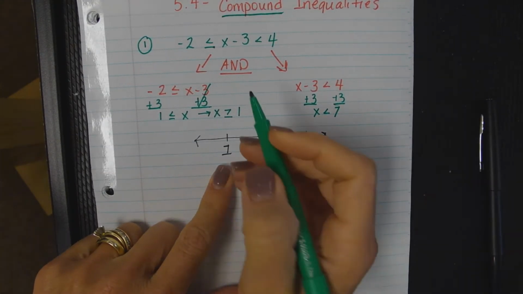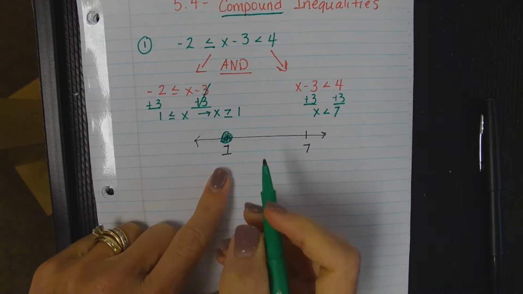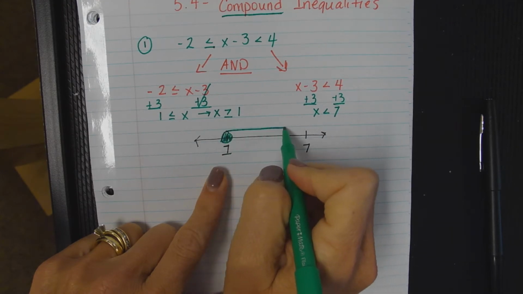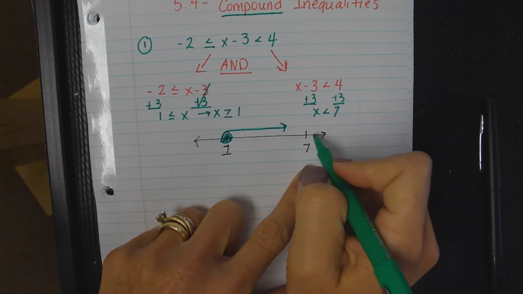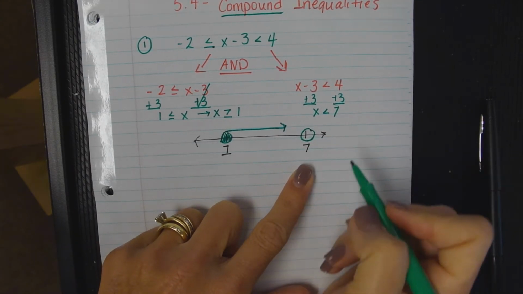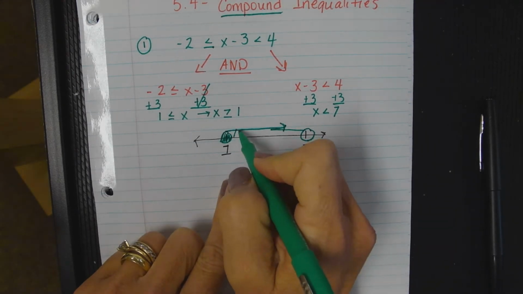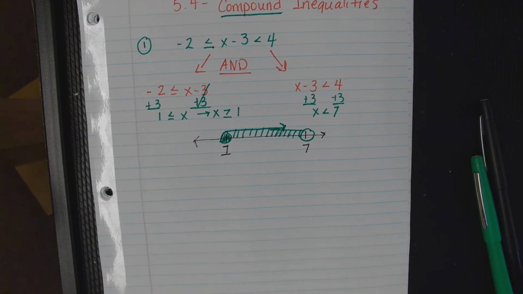I'm going to do closed at 1, and I'm going greater. And I'll come back to that. And at 7 it's open, right? But I'm going left here. Do you see how it's really just this range here? And there you go. Boom, drop the mic.